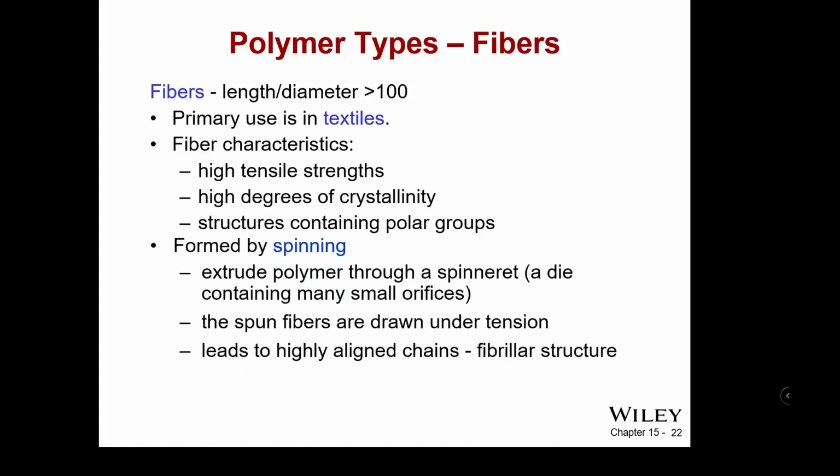Spinning is another one. So extrude the polymer through a spinneret, which is a die. This was a process that was inspired by the way that spiders make silk, which is why it's called a spinneret. And these spun fibers are drawn under tension, leading to highly aligned chains and a fibrillar structure.